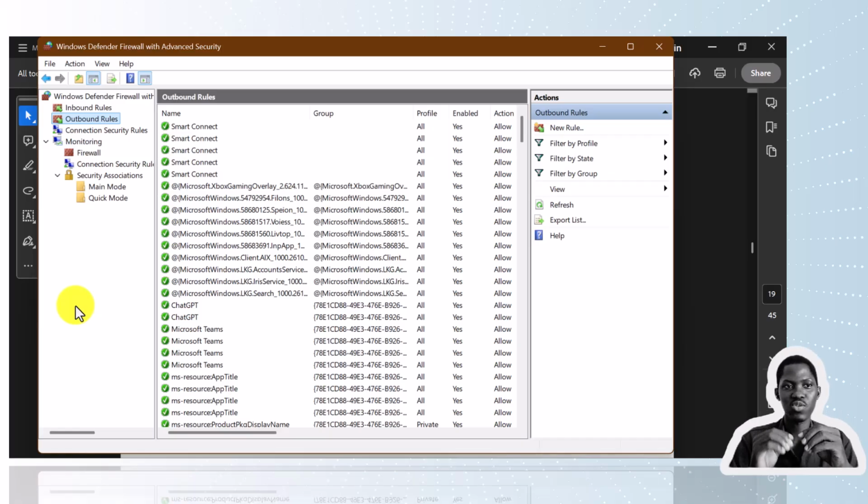And that's why you have inbound and outbound rules. Inbound rules are for things that are coming into your system. Outbound is for things that are going out of your system, right?